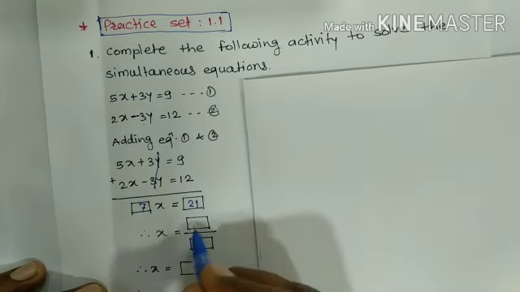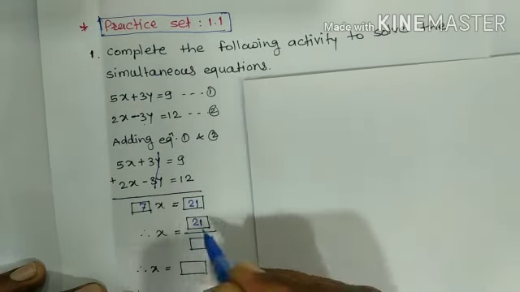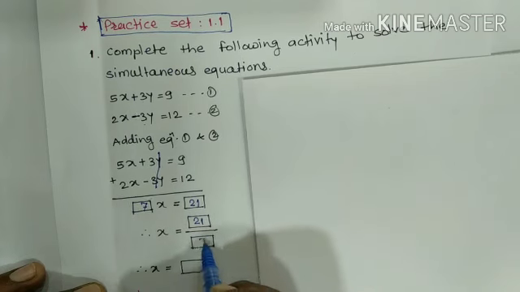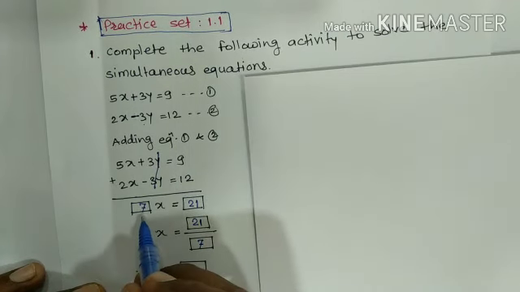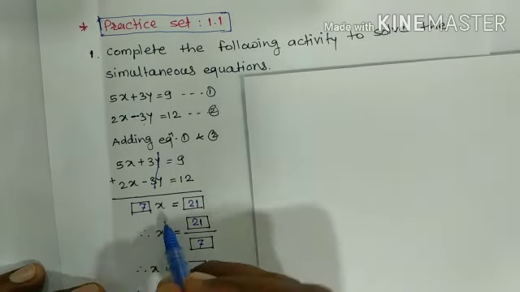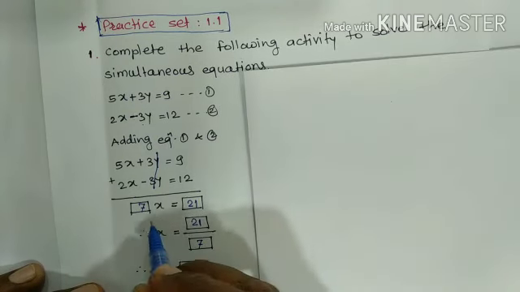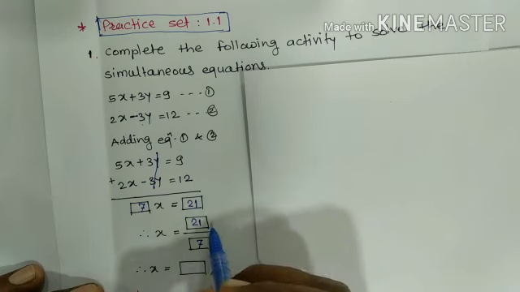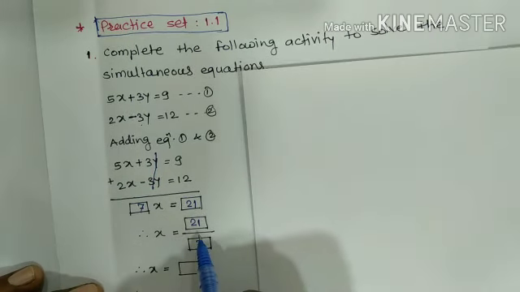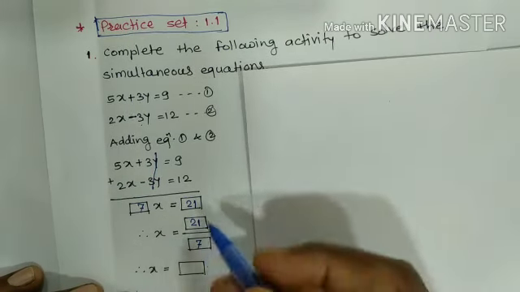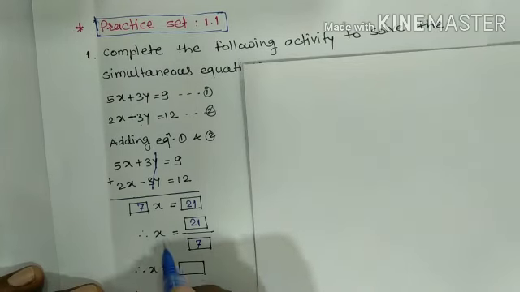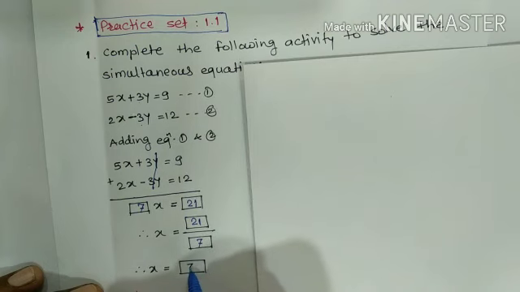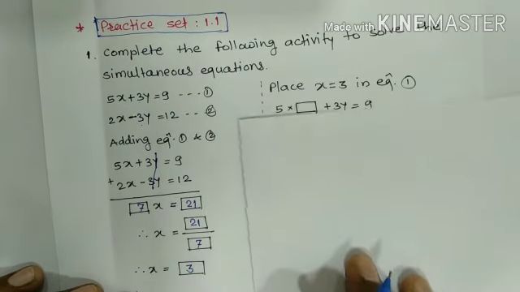Then 7x equals 21, so when we take the 7 to the other side, it comes to the denominator, then x equals 21 upon 7, and therefore x equals, 7 threes are 21. Therefore x equals 3.